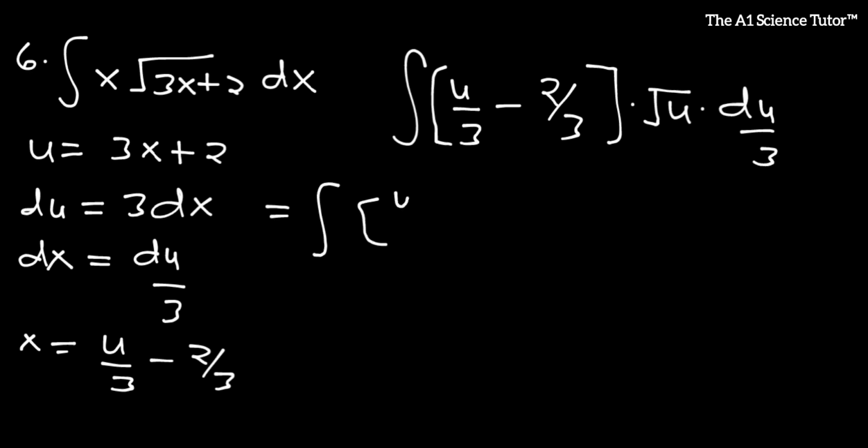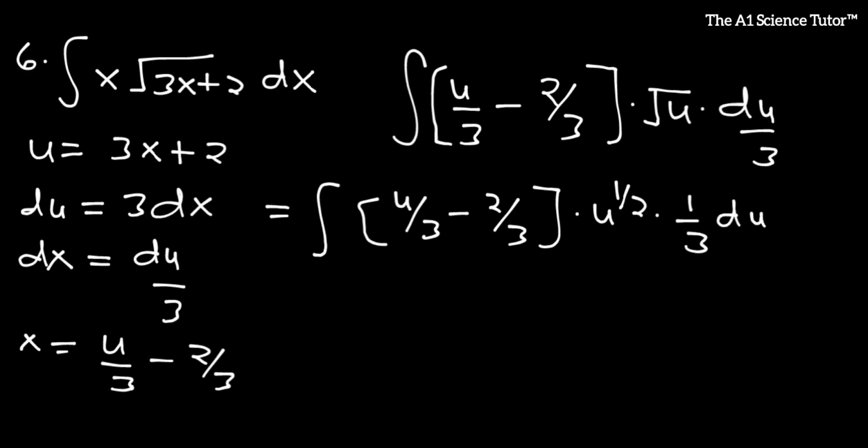So this is going to be u over 3 minus 2 over 3. And this is actually multiplied by u to the power of half. And here we have 1 over 3 du. Obviously, this is actually a coefficient, so we actually need to take it outside of the integral sign. But for these ones, we need to use u to the half and FOIL them.